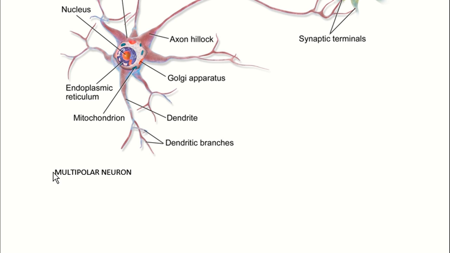Now there is also a portion in the cell body which does not consist of any organelle. It is a white portion, but it does not consist of any organelle which has previously been seen. That is the axon hillock. It forms the origin point or the starting point of an axon, which is a single long filament strand which, as I said, transmits the nervous impulse from the cell body to another neuron.